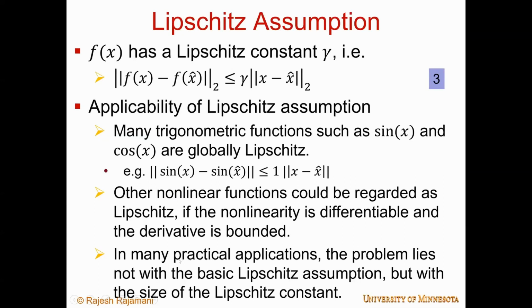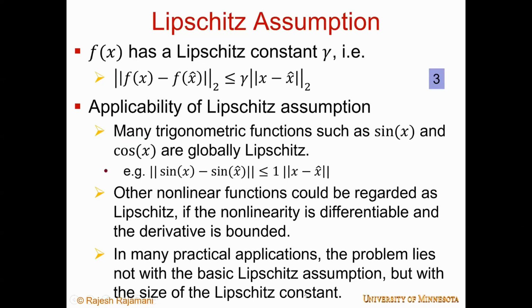Furthermore, in many practical applications, the problem is not really with assuming that the nonlinearity is Lipschitz. The problem lies more with the size of the Lipschitz constant gamma. So sometimes you have to use a very big gamma to make the assumption that your nonlinear function is Lipschitz.